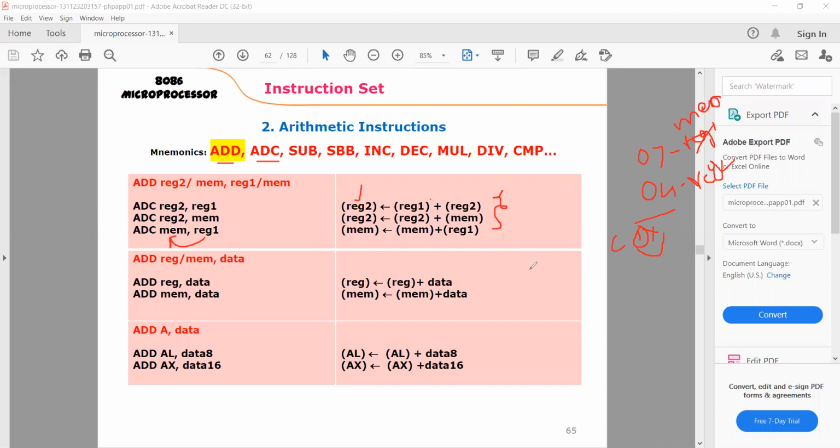So I'll write an example in order to give you more clarity.